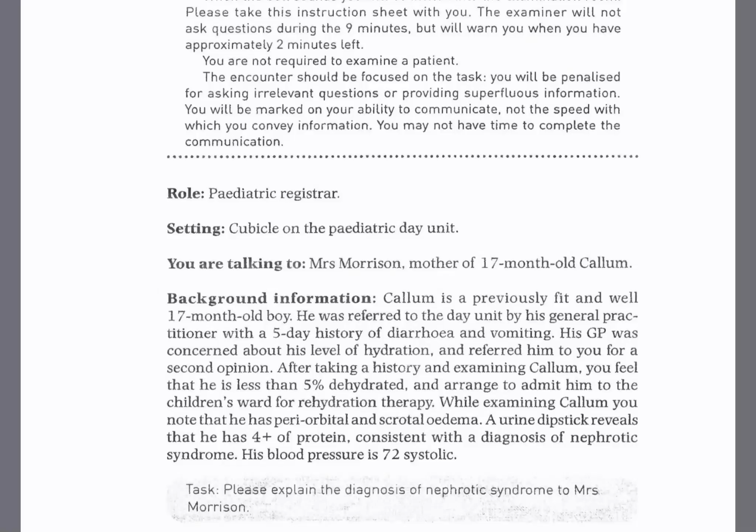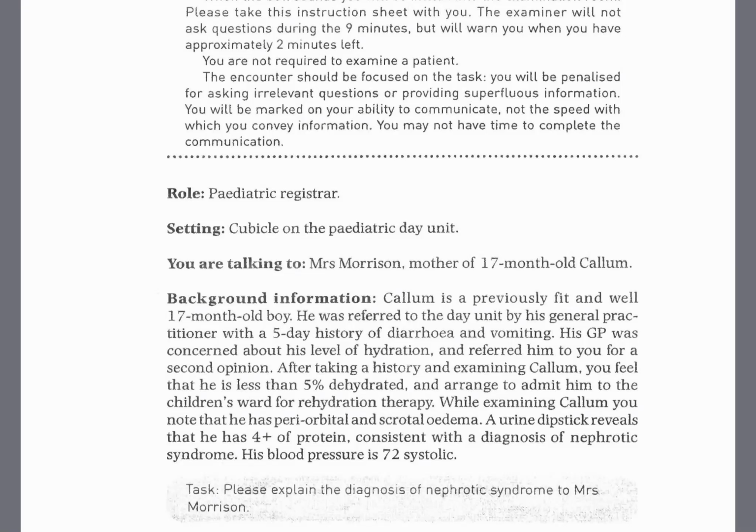After taking a history and examining Callum, you feel that he is less than 5% dehydrated and arranged to admit him to the children's ward for rehydration therapy. While examining Callum, you note that he has periorbital and scrotal edema.